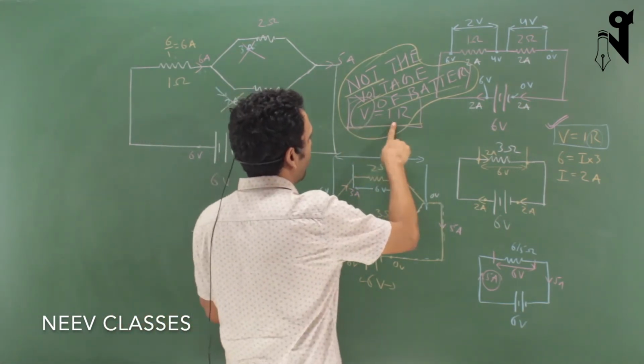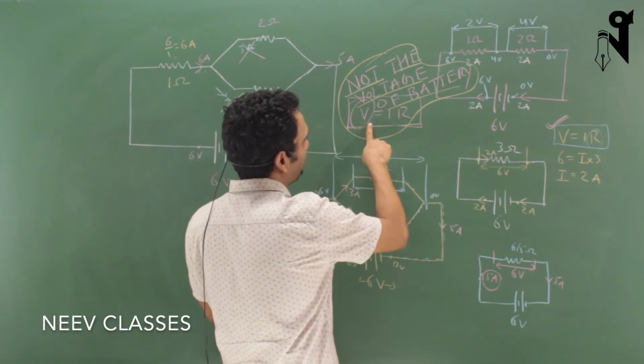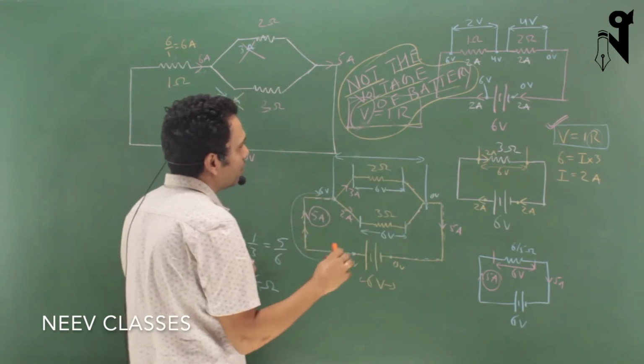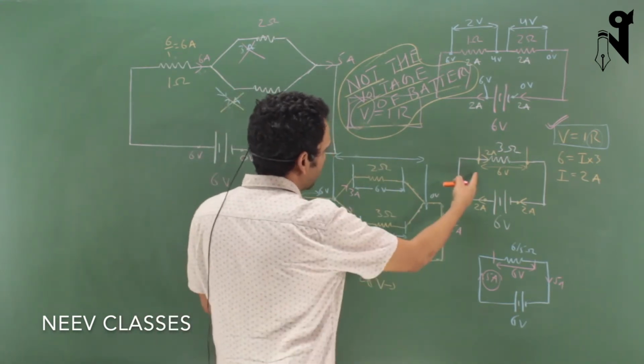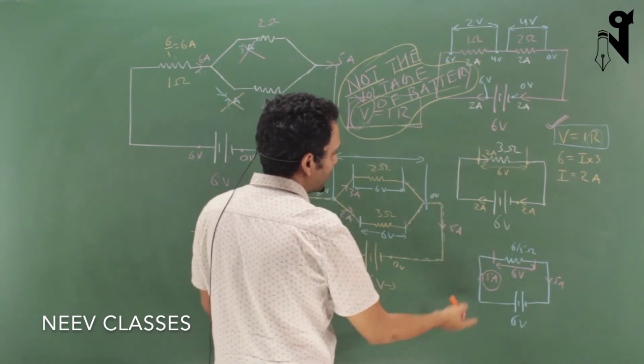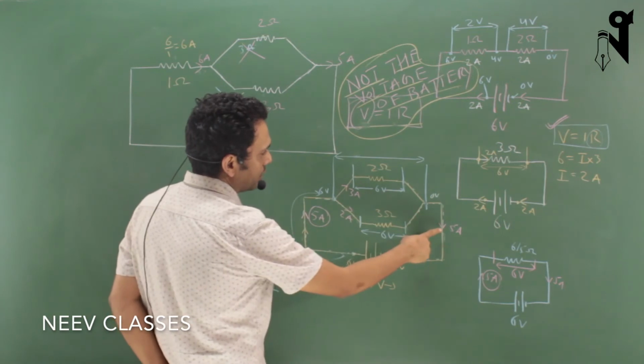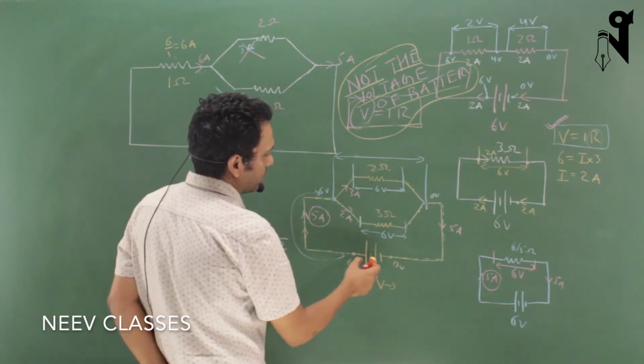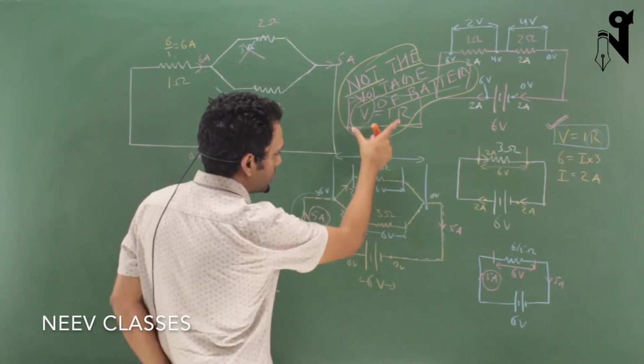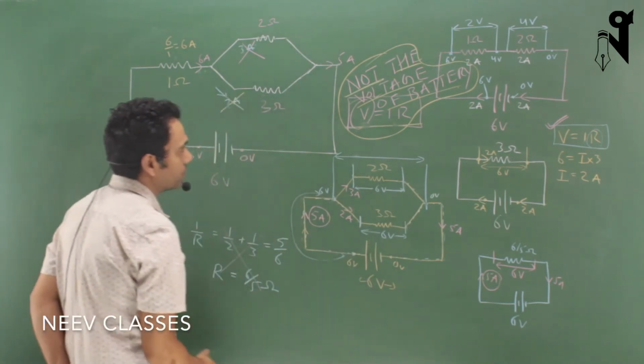In V is equal to IR, V might be the voltage of the battery in a few selective cases, like this one when you have a single resistance, or this one when you had nothing over here, no resistance over there, and the voltage across the battery was the voltage across each of the resistances in the parallel stack.